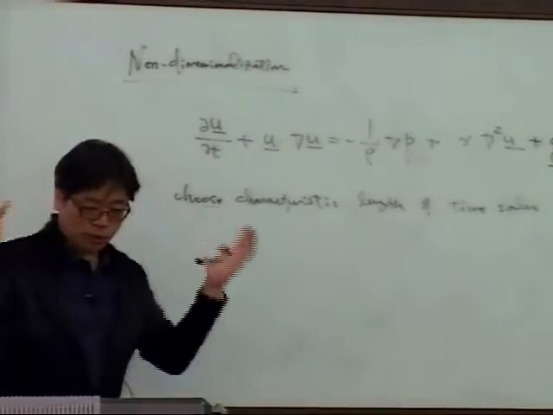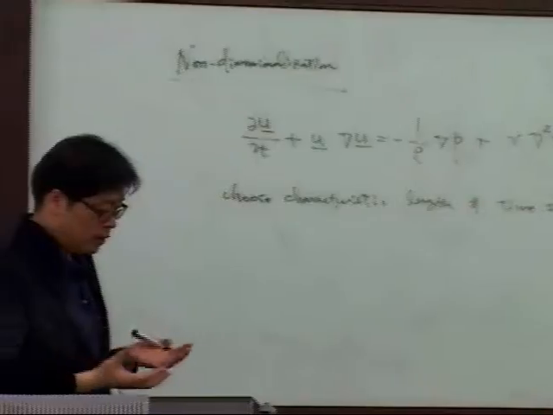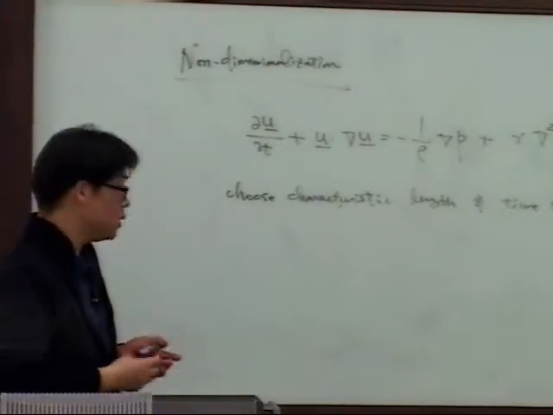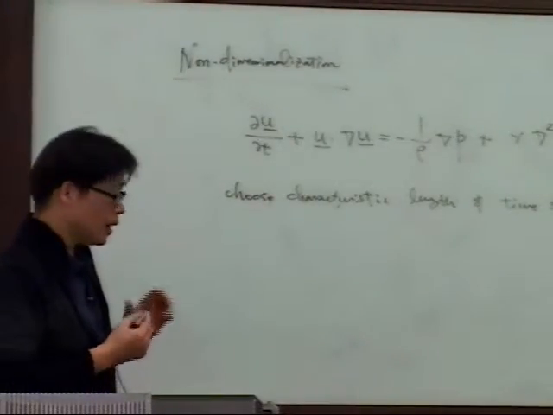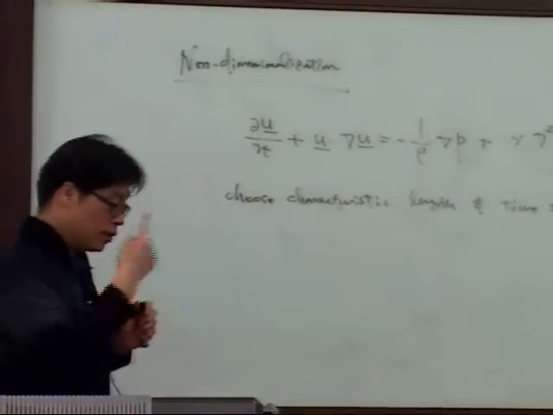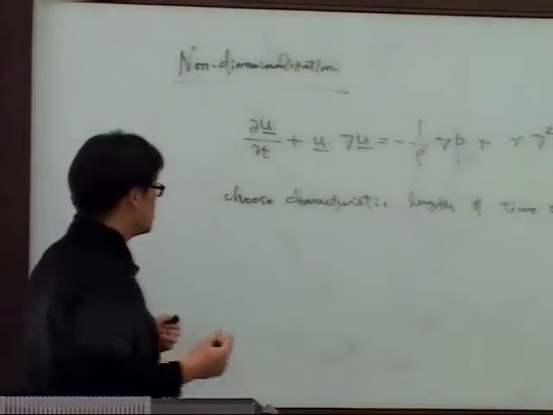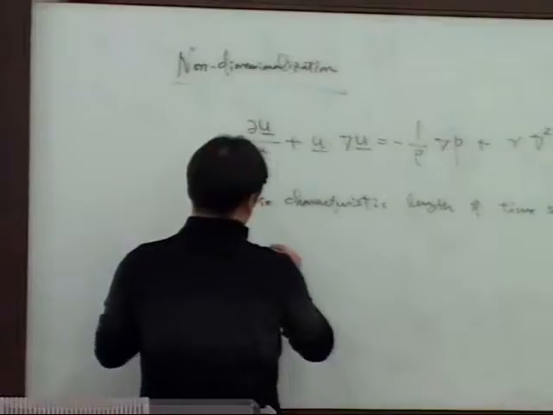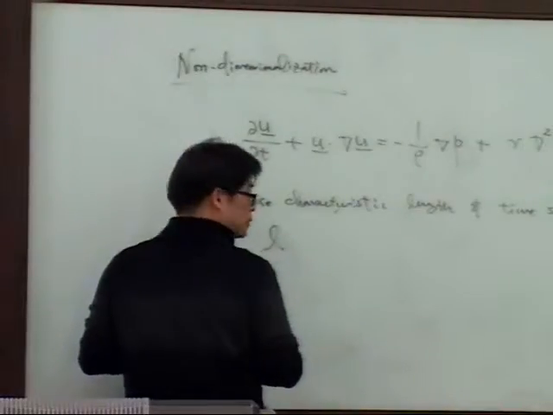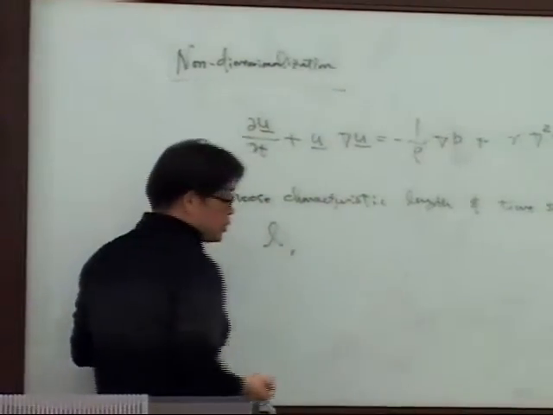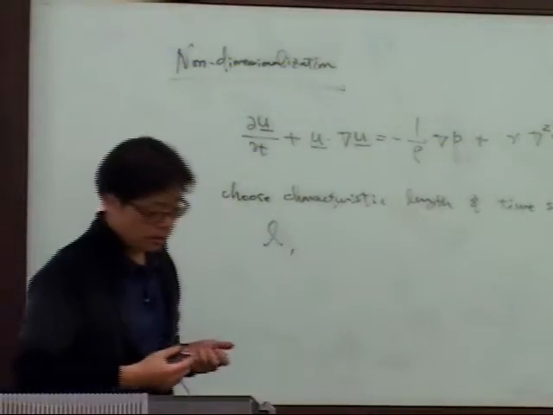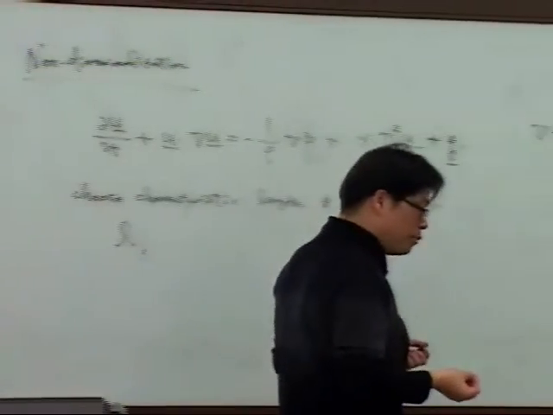So, for example, if you solve a problem of a sphere in a uniform stream, then it's obvious. The characteristic length is the radius, and so I use L. And the characteristic time scale is something that has a dimension of time.